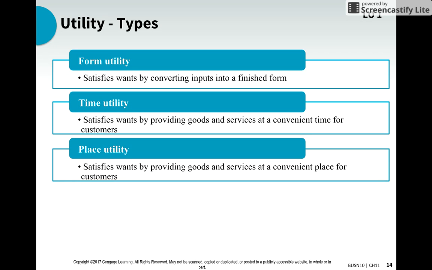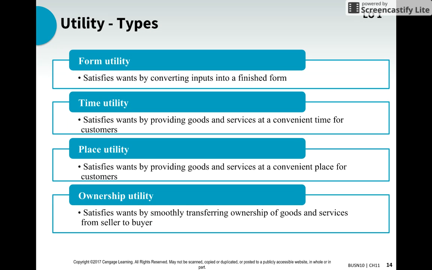Place utility is satisfying wants by providing goods and services at a convenient place for customers. And ownership utility, which satisfies wants by smoothly transferring ownership of goods and services from seller to buyer. So all of these utilities are different ways that marketers use, because again, marketing is all about getting your products to your customer.